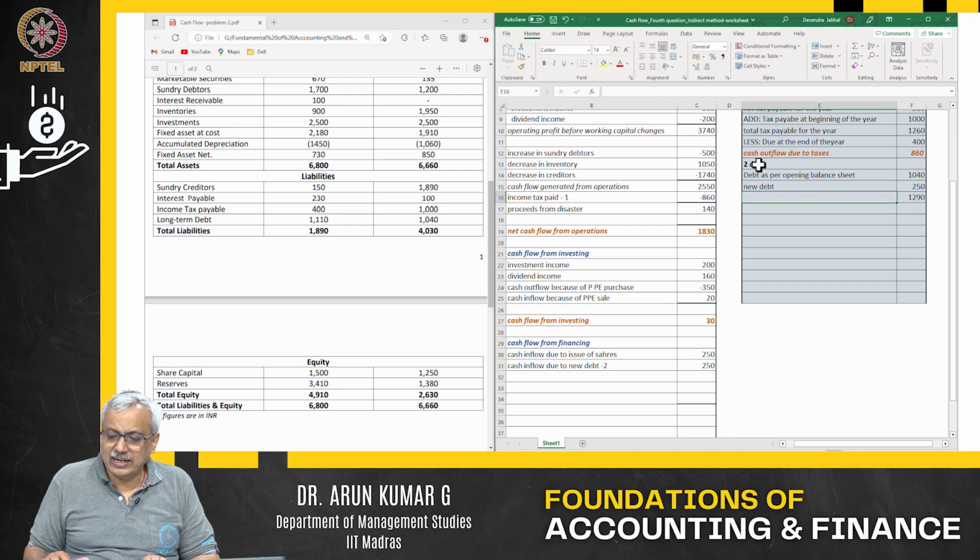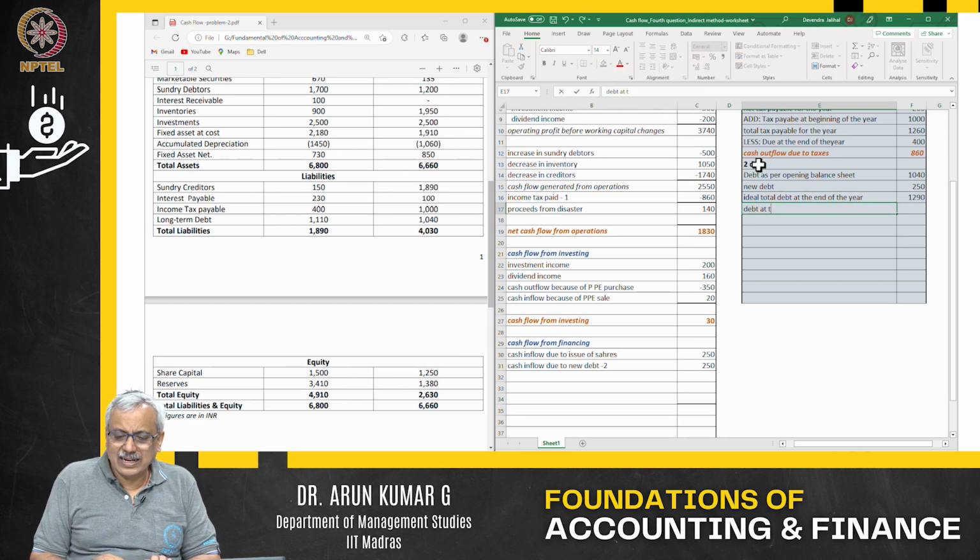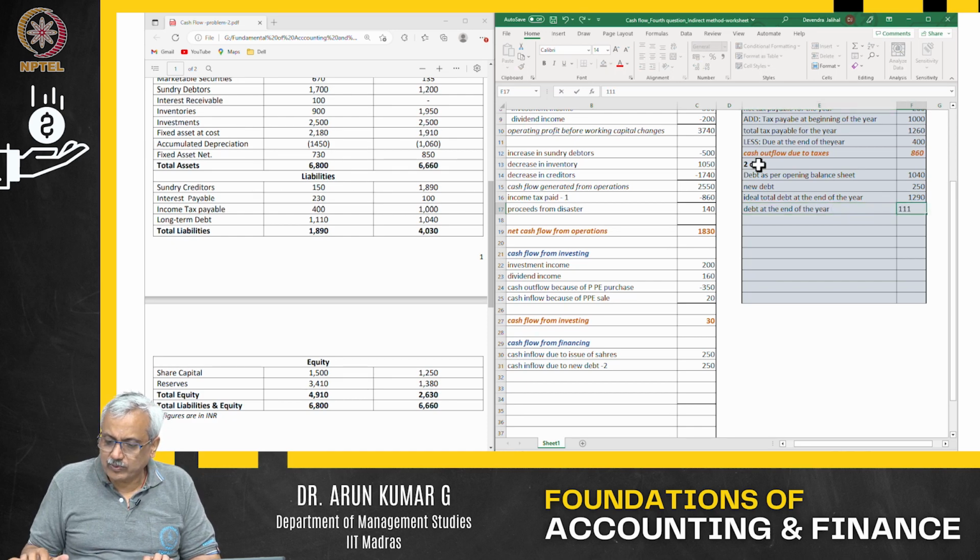The ideal total debt at the end of the year should be so much. But the debt at the end of the year is how much? The end of the year is only about 1110.